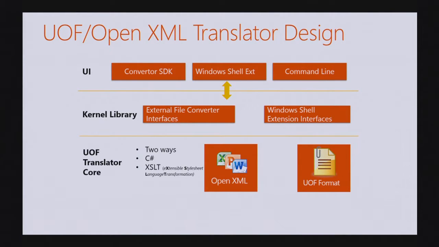So let me describe in a little more detail the UOF translator core part. It is two-way, as we mentioned, and it also uses two languages. One is C# to deal with all the logical part of the translator, like the file structure. The other is the XSLT language. We use this language to translate OpenXML to UOF, and the same from UOF to OpenXML.